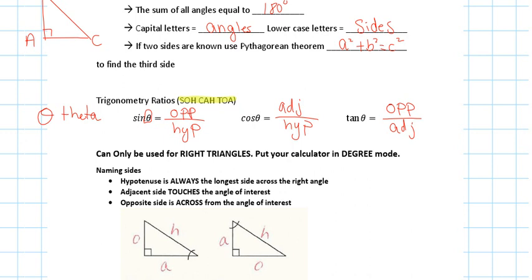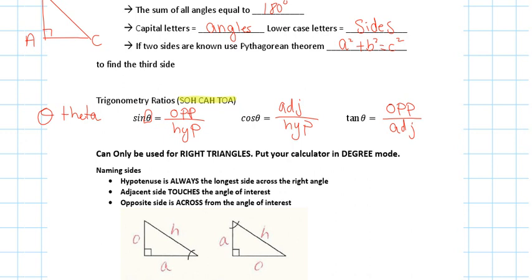Now, when you take your calculator out, make sure that your calculator is in degree mode. How do you know if it's in degree mode or not? If it says the letter D or DEG or nothing, then it's in degree mode. If it says RAD or something else, then it's not in degree mode and you need to change it.